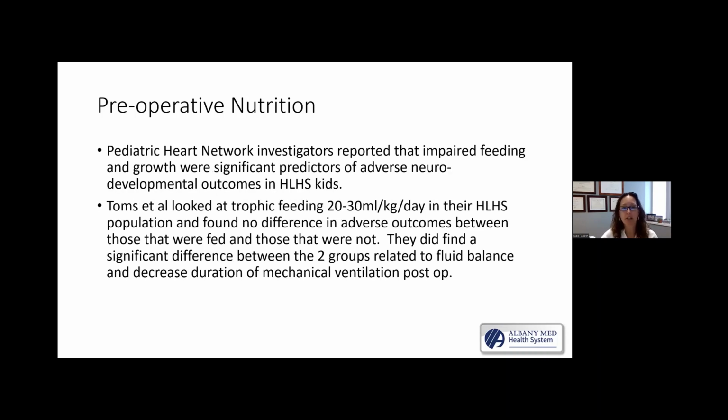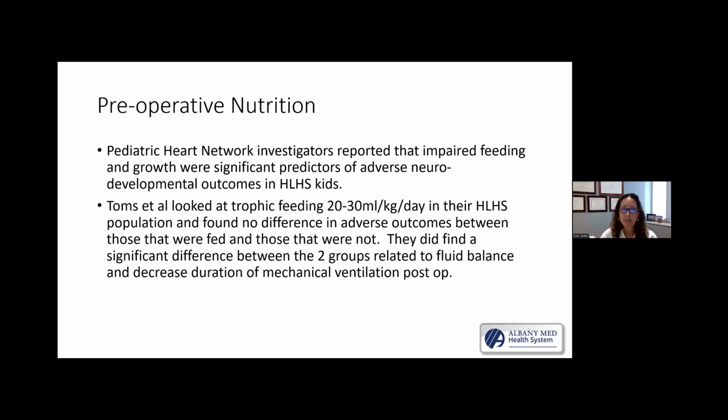The Pediatric Heart Network investigators reported recently that impaired feeding and growth were significant predictors of adverse neurodevelopmental outcomes, specifically in the hypoplastic left heart syndrome kids. And another study by Toms et al. looked at trophic feeding, about 20 to 30 mL per kilo per day in these infants, and found no difference in adverse outcomes between those that were fed preoperatively and those that were not.